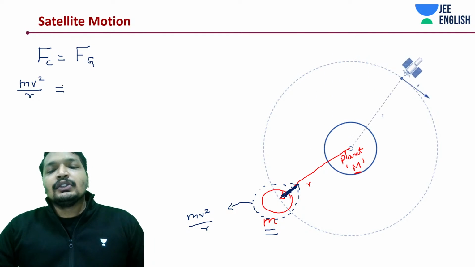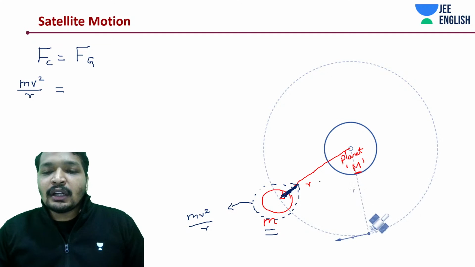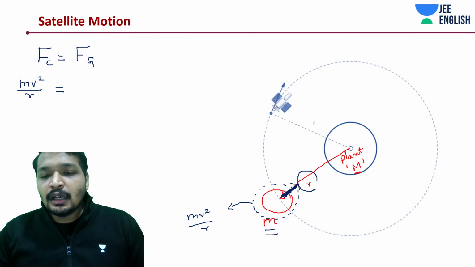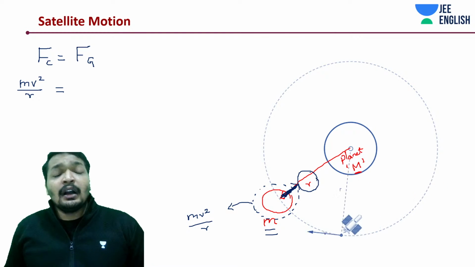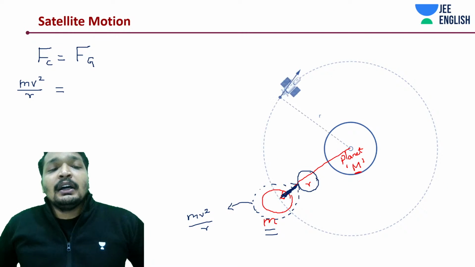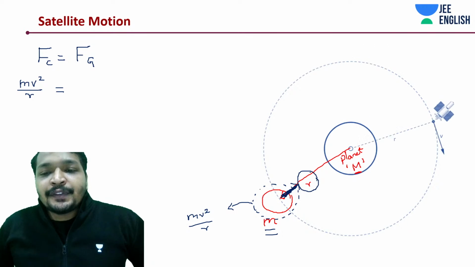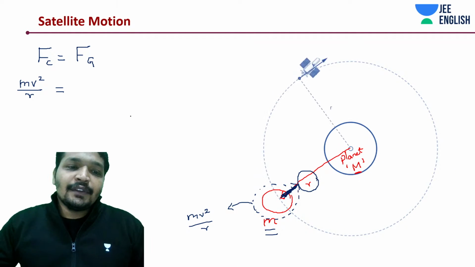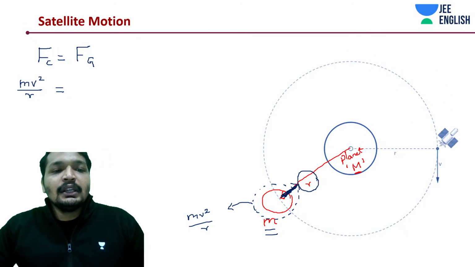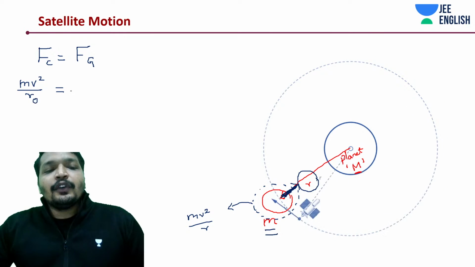Here r is not the radius of the planet, it's the radius of the orbit, or the distance from the center of the planet. Let's keep it as r0 for now.